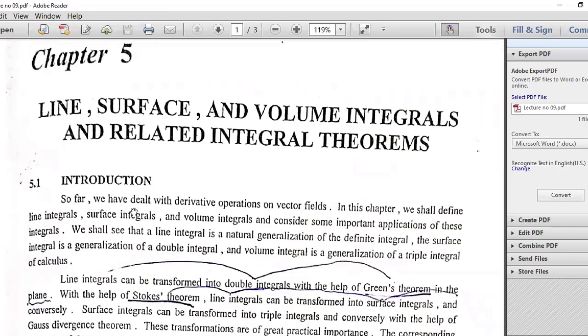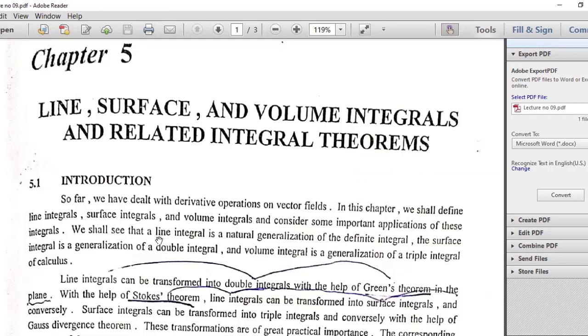So far, we have dealt with derivative operations on vector fields. In this chapter, we shall define the line integral, surface integral, and volume integral, and consider some important applications of these integrals.